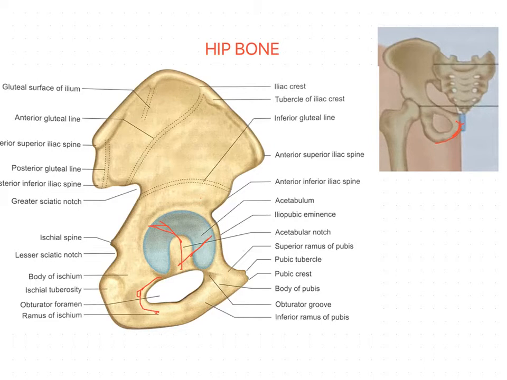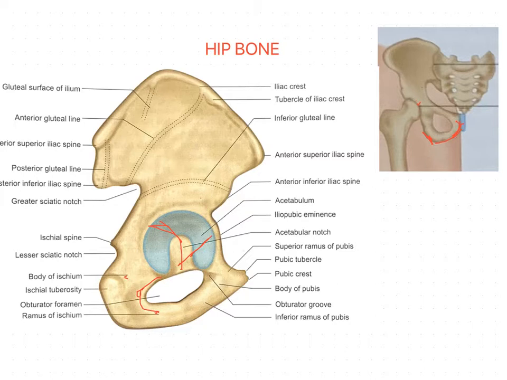The ischium has a body and a ramus. So here this is the body. The body is a thick and massive mass of bone that lies below and behind the acetabulum. So if you see the acetabulum here, below and behind it the ischium is present.